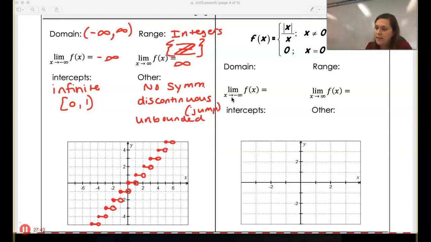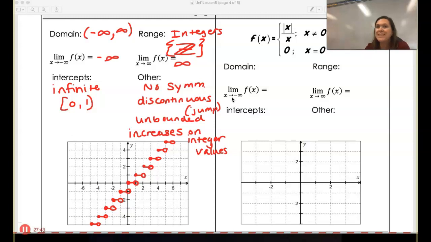I would say that it increases on integer values. That's when we see the increase, right? Because it's not increasing on the non-integer values. Good. All right. So, greatest integer function. Questions with that?